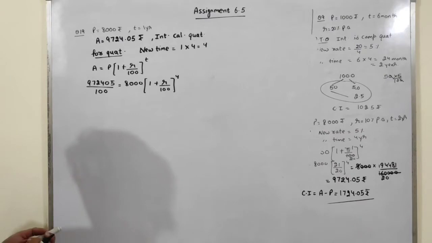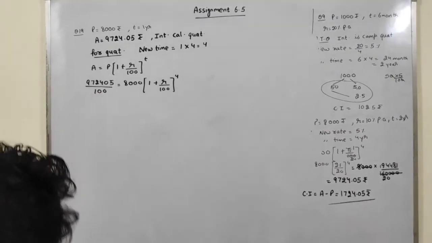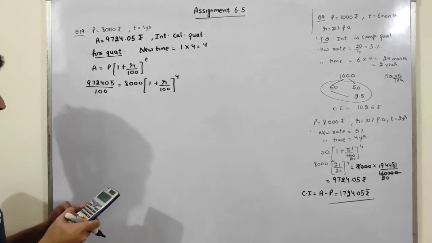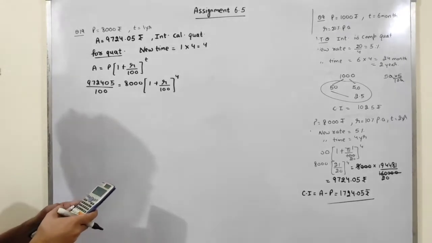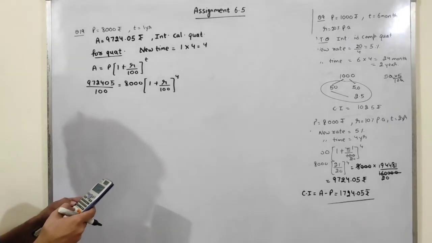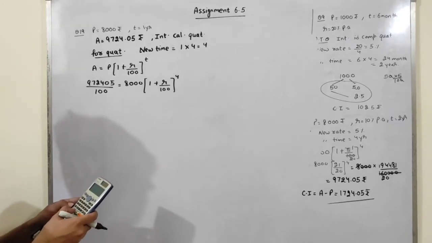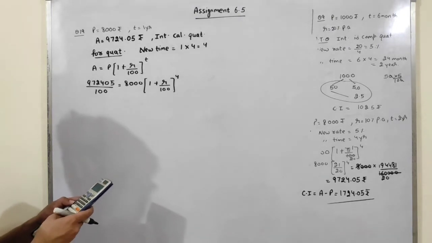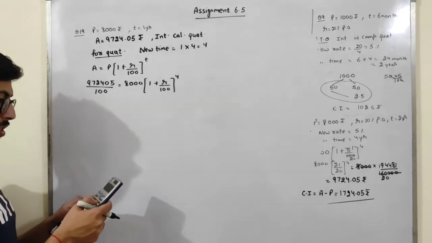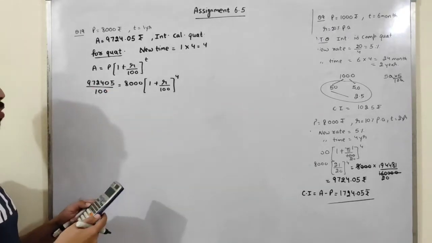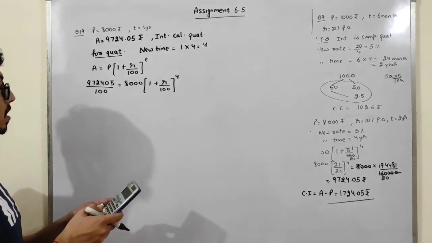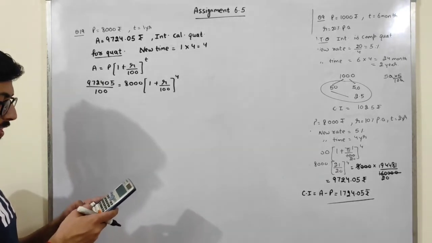Okay. Now see, students, if I just cancel them out, if we just divide them, 972405 divided by 8. Okay, they are not getting cancelled out by each other, so just do one thing. Just first cancel them out by, let's say, 25. 972405 divided by 25.